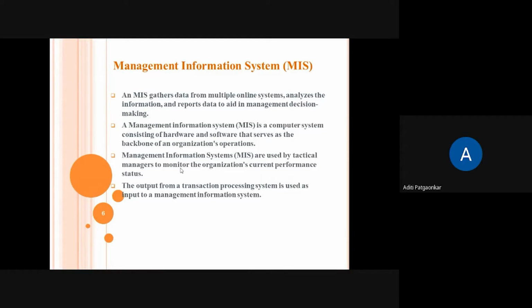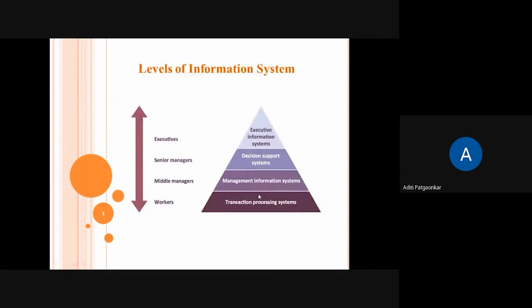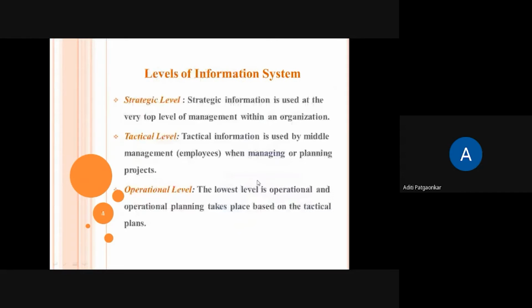These are computerized systems, and they are used by tactical managers to monitor the organization's current performance status. The input of the MIS system comes from the TPS level, middle level managers process that data, and then the output goes to the next level. This way the process goes on. So this is the management information system.